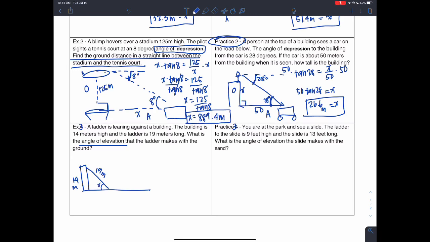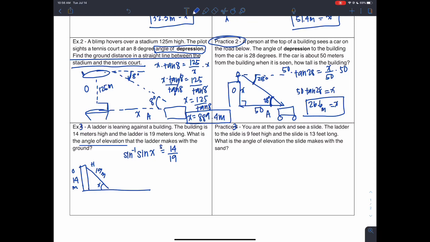So first, let's label our sides with opposite, adjacent, or hypotenuse. 14 is opposite, 19 is hypotenuse. So we are using sine. We don't have our angle, so we will have our angle be represented by x. And this equals opposite, which is 14, over hypotenuse, which is 19. Then again, like last lesson, we will use the inverse to solve for x.